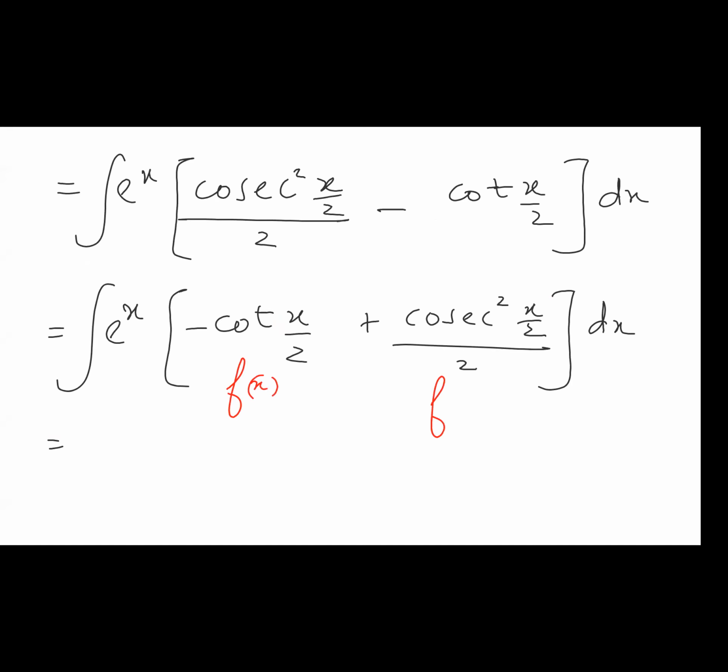The second part is f dash x. So this will be e raised to x, f of x plus c, e raised to x minus cot x by 2 plus c.